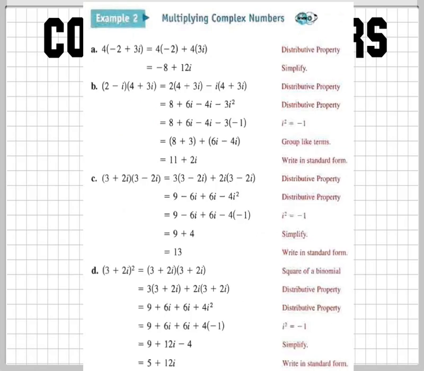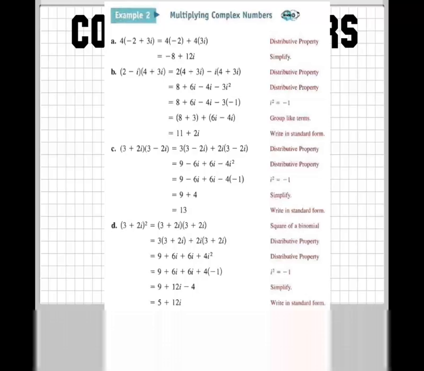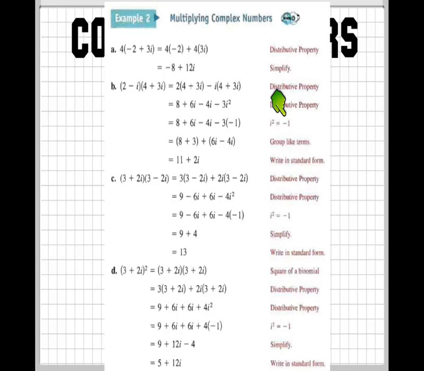For this, I wanted to show you guys and point out when you distribute these, when you get the i squared, you have to simplify that. The i squared gets simplified. See, they even say it right here, that you need to make sure that you simplify it, because i squared equals negative 1.